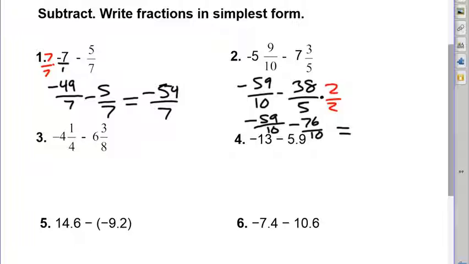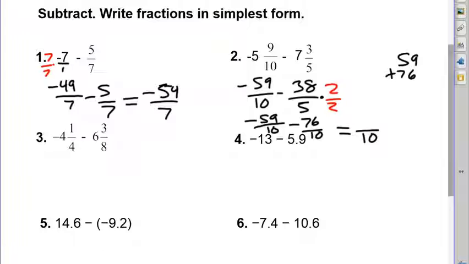It's negative 59 minus 76. The result will be out of 10. And negative 59 minus 76, I don't know that one off the top of my head. So what I'm going to do to find it, just over here in my margin, I'm going to add 59 and 76.